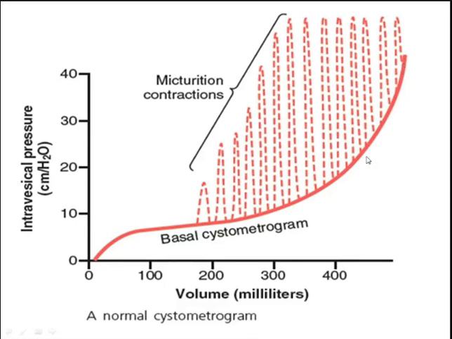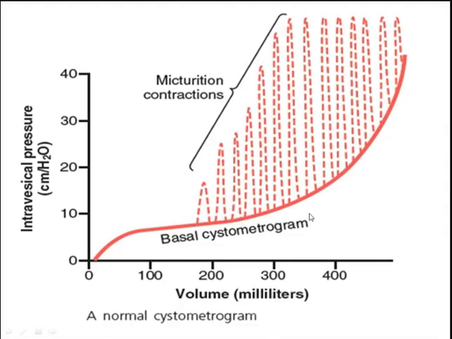So whenever the volume increases from more than 300 to 400, what happens? Some micturition contractions start appearing. These are known as the micturition contractions. This is the basal cystometrogram, that is up to 300 ml of urine.